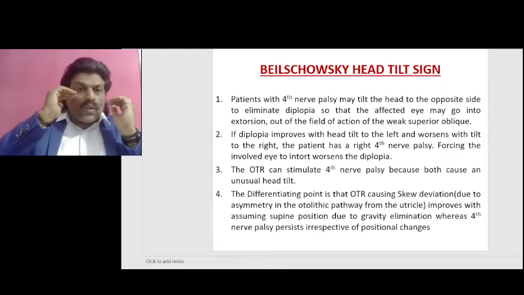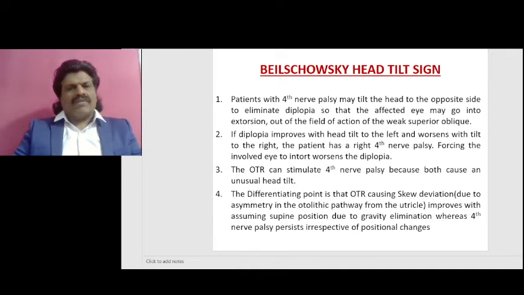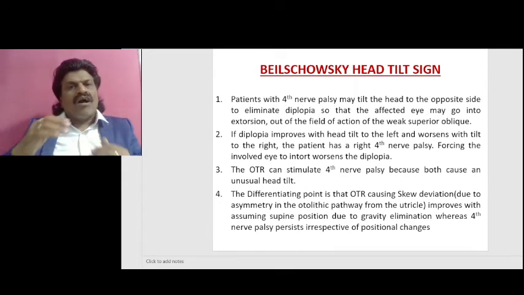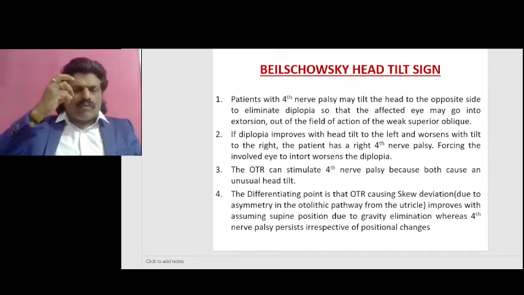opposite side to eliminate diplopia, so that the affected eye may go into extorsion out of the action of the weak superior oblique. Imagine a person has got superior oblique weakness on this side.